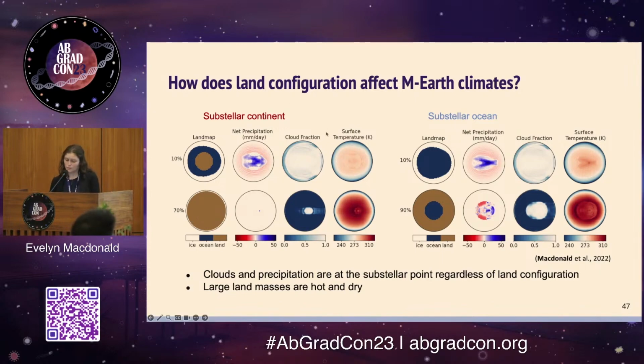We also get a range of temperatures depending on how much land there is, with high land fraction planets having hot and dry day sides, which is what's shown in this column here. So these are some pretty significant climate differences on a spatially resolved level.